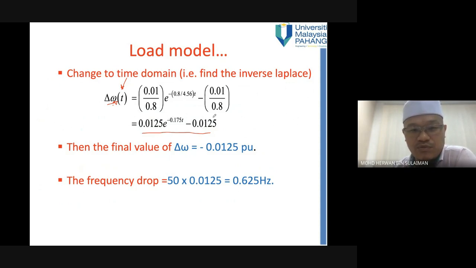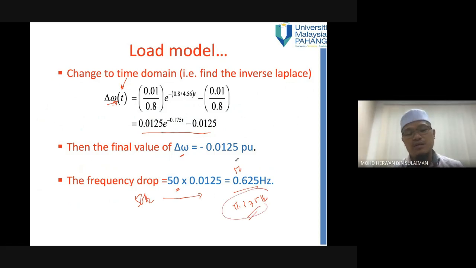So dia ambil 0.0125 is the delta omega, and then jarak dia dengan 50, so frequency drop, nominal frequency 50 Hz, now is drop to 0.6, maknanya 50 minus 0.6, now your frequency bila load suddenly increase 10 megawatt ataupun 10 MVA, your frequency from 50 drop to 49.4375 Hz lah. Bila ada 10 MVA in the system suddenly change your load.